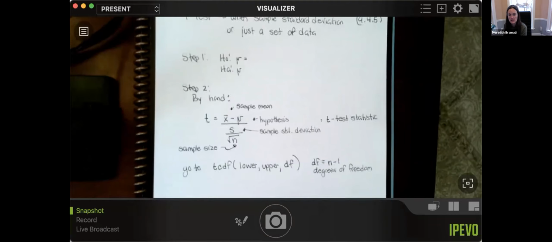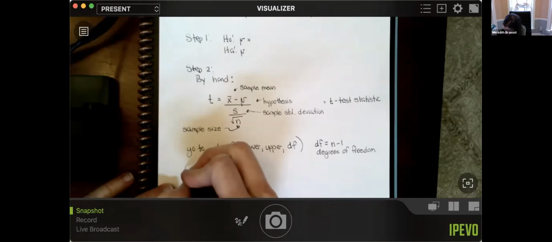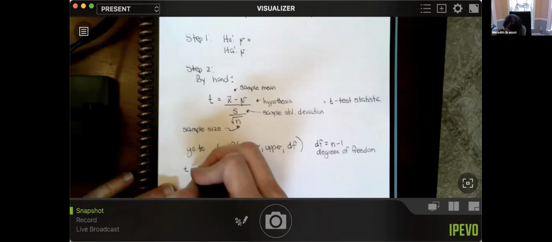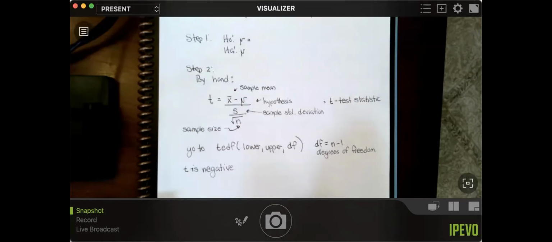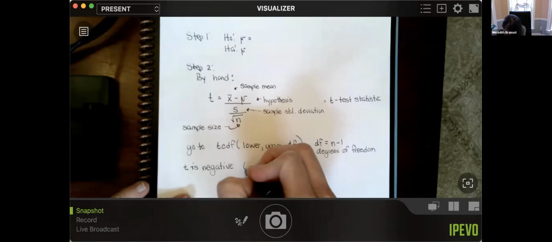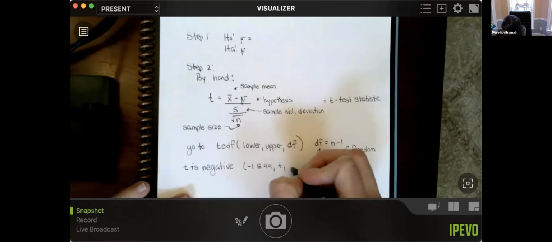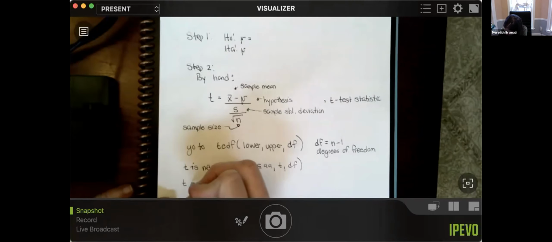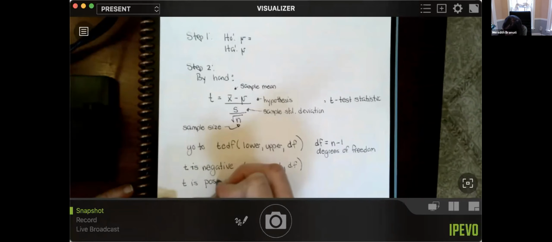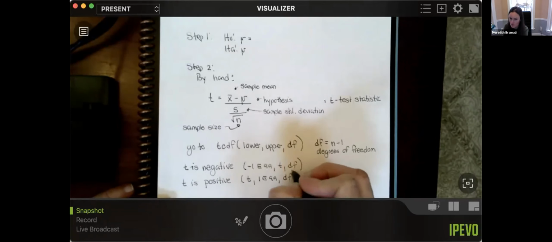Now, the only thing that we need to know about TCDF, okay, if the T is negative, then we say -1 e to the 99 as the lower, t as the upper, then degrees of freedom. Likewise, if t is positive, then we do t as the lower, 1 e to the 99 as the upper, degrees of freedom.